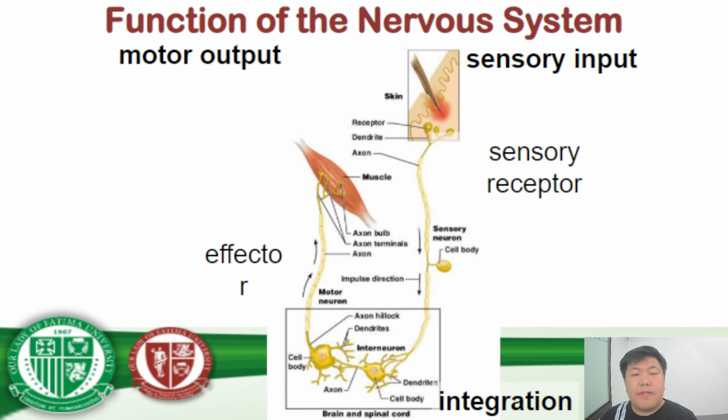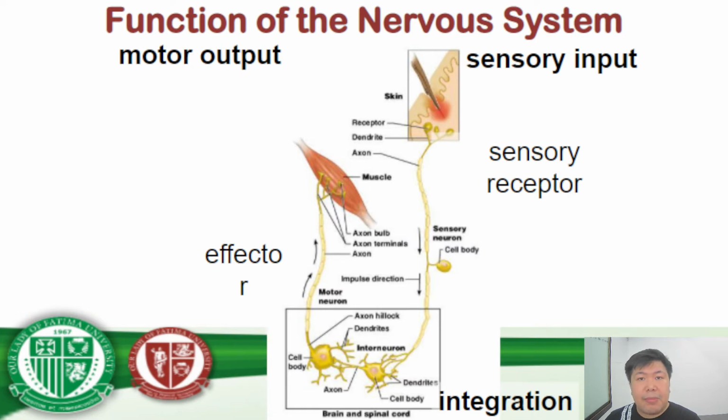Now, let's talk about the functions of the nervous system, okay? So, first, I want you to understand that the nervous system functions by receiving stimuli or by receiving sensations from the environment. So, those sensations are received by what we call receptors found all over the body.